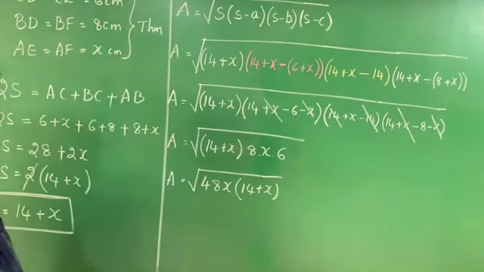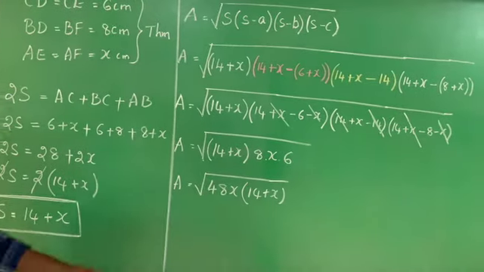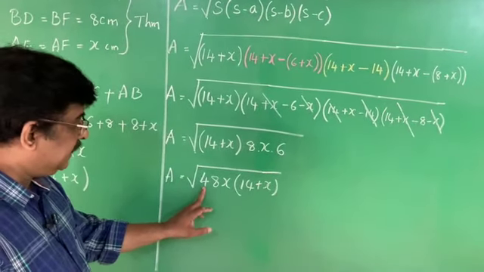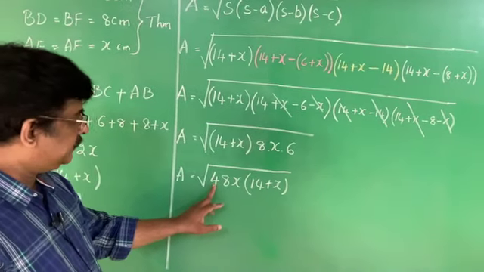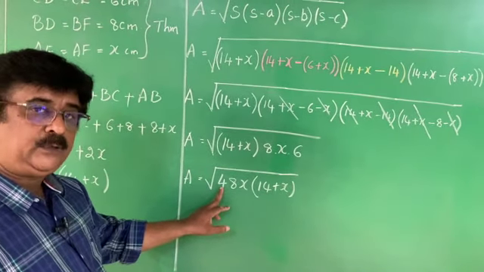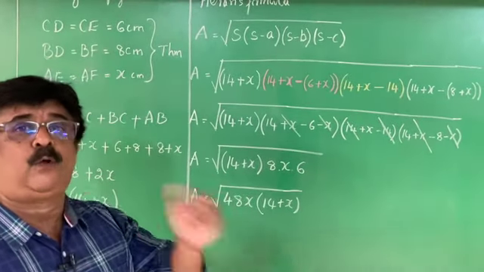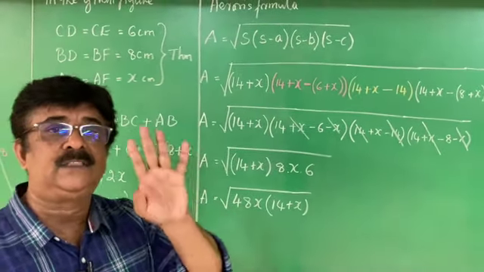This 48 can be written as 16 threes are 48. Why should I write 16 into 3? 16 is a number having a square root. Square root of 16 is 4.